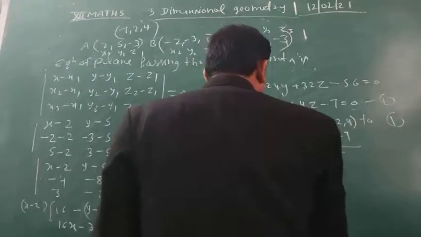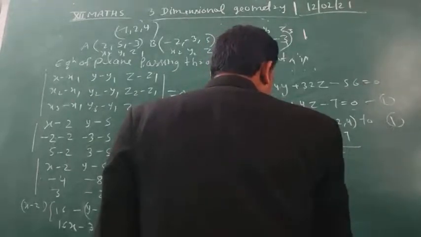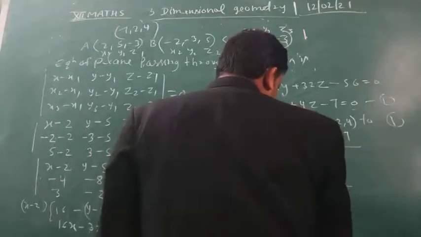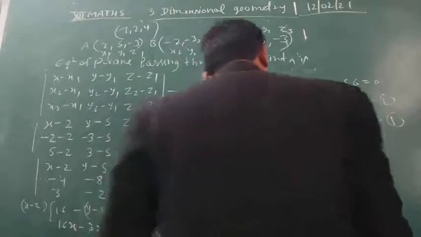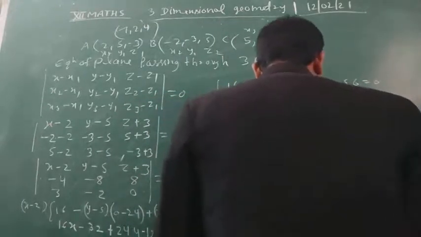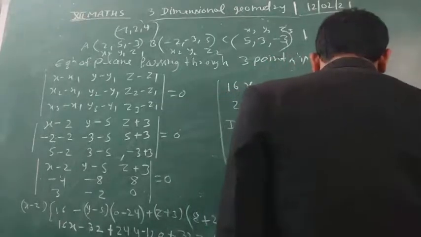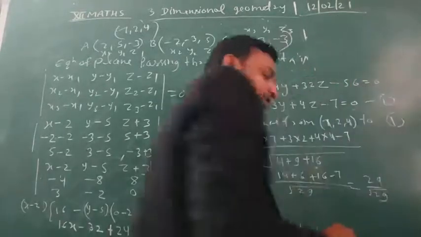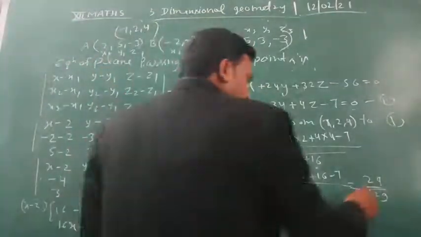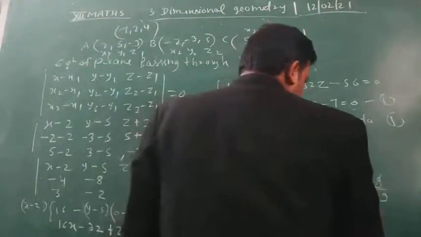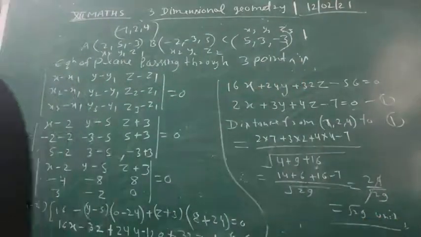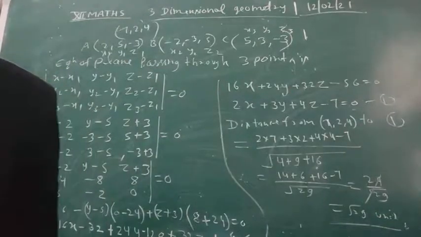So this will be 14 plus 9 plus 16 minus 7, which is 32 by root 29. Okay, students, so this will be our distance, in units. Okay students, I hope you understand.